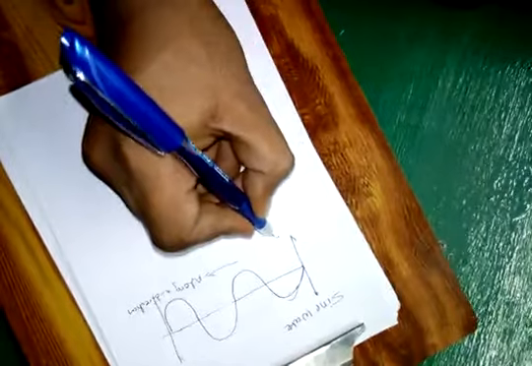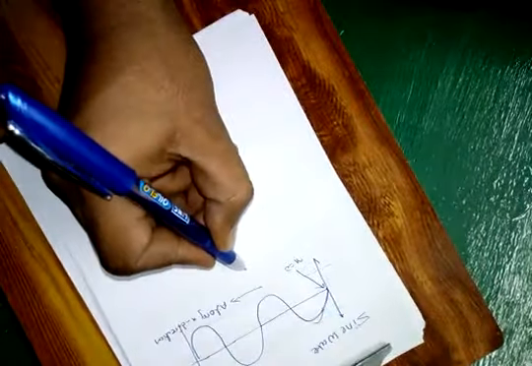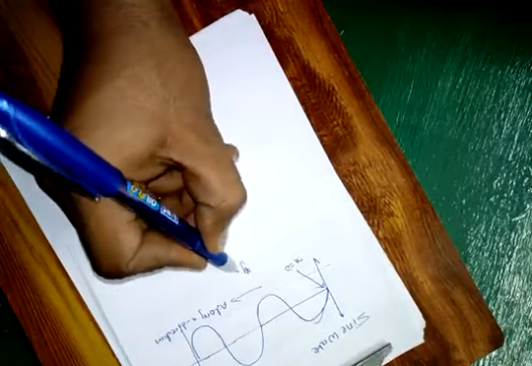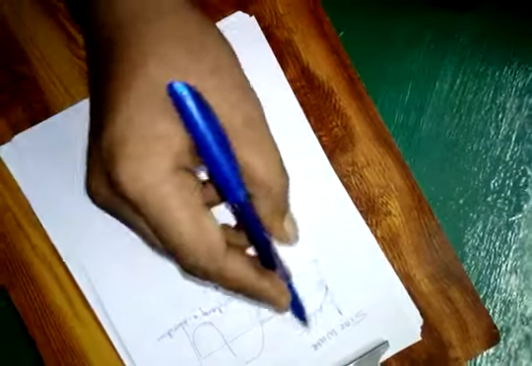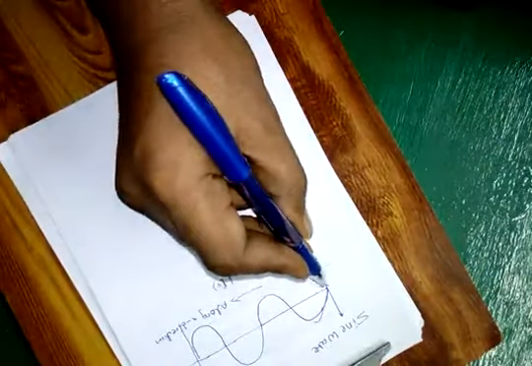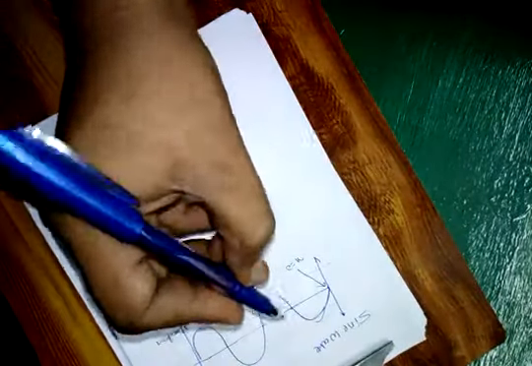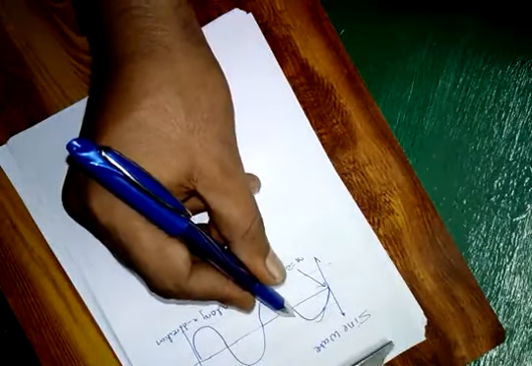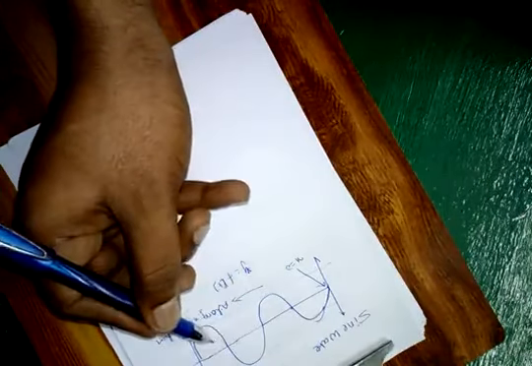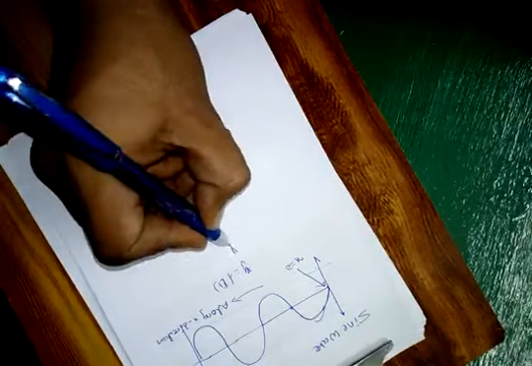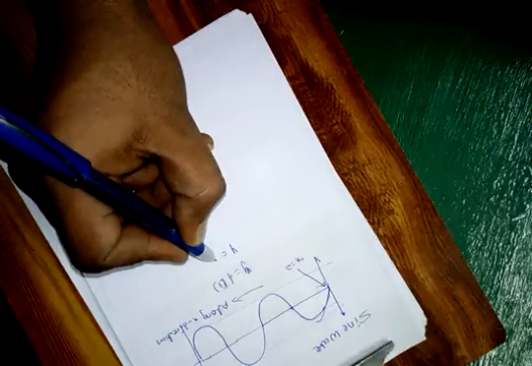So at x equal to 0, at this position, we have seen the function y is equal to f of t. At any position, this particle goes up and comes down, goes up and comes down, like that it makes a sine function.